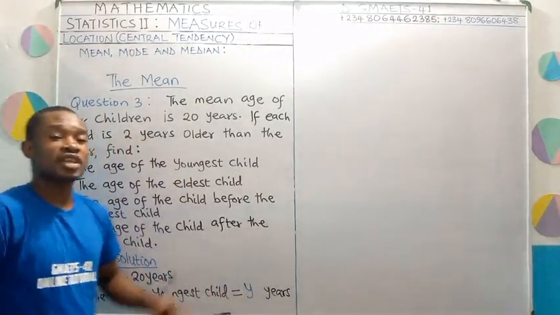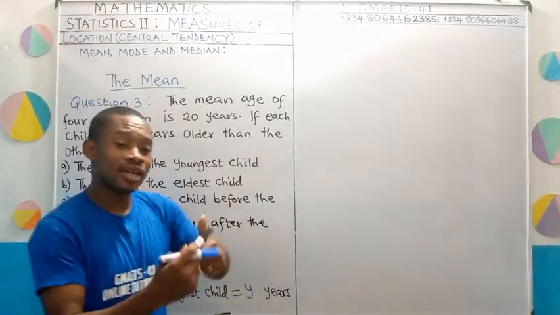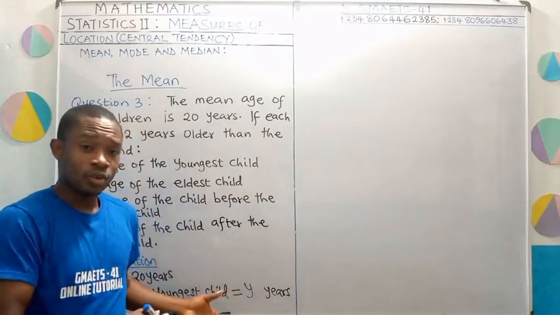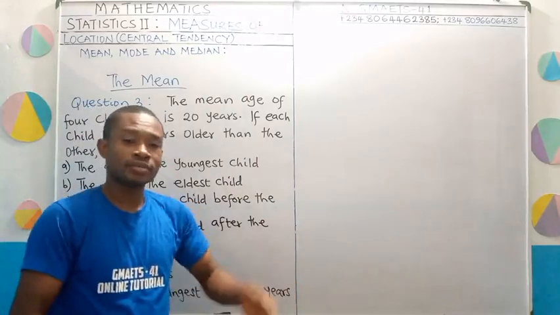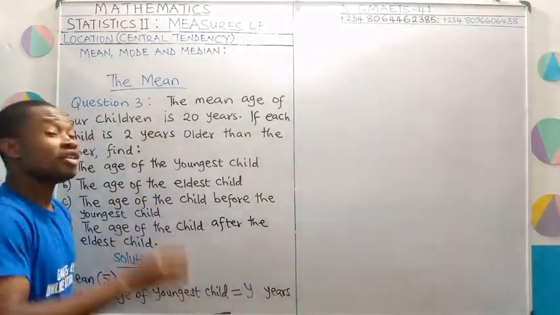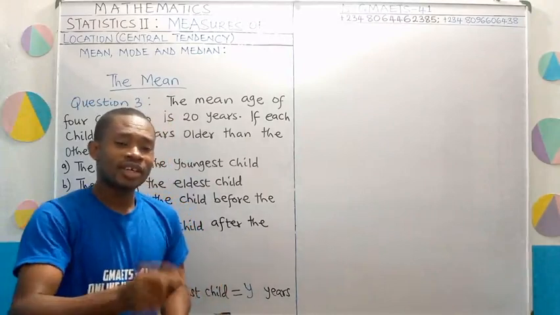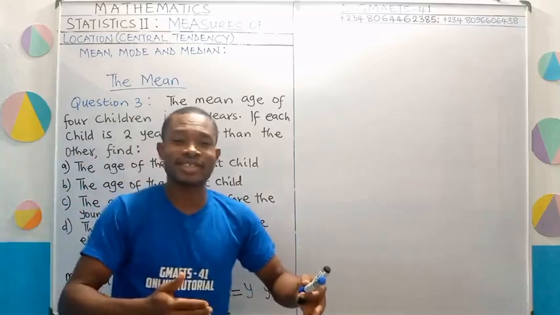Now if the youngest child is y years, then the child older than him will be y plus 2, because each of them is 2 years older. The child older than the youngest one is actually the child before the youngest one.